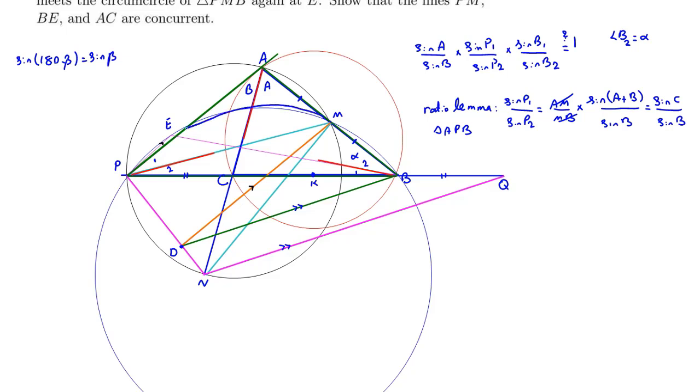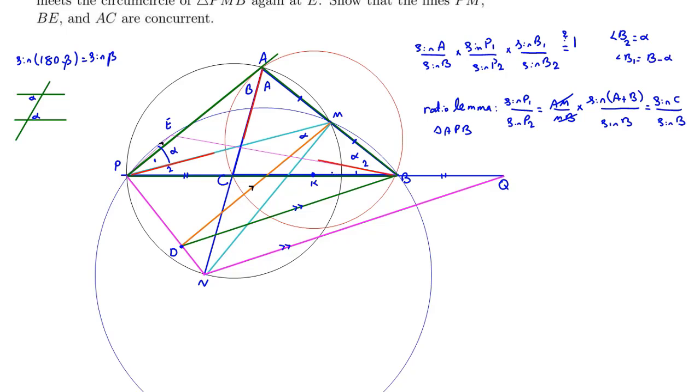It is this arc, B2. This inscribed angle, half of the arc, is alpha. Because it is parallel to this, and a line intersects two parallel lines, if one is alpha, the other is also alpha. So B2 is alpha, and B1 is B minus alpha.